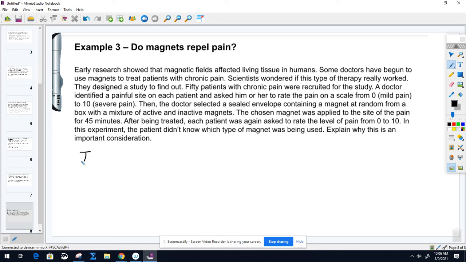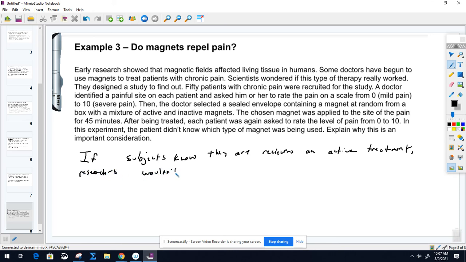Okay. So if subjects know they are receiving an active treatment, researchers wouldn't know if any improvement was due to the magnets or to the expectation of getting better.